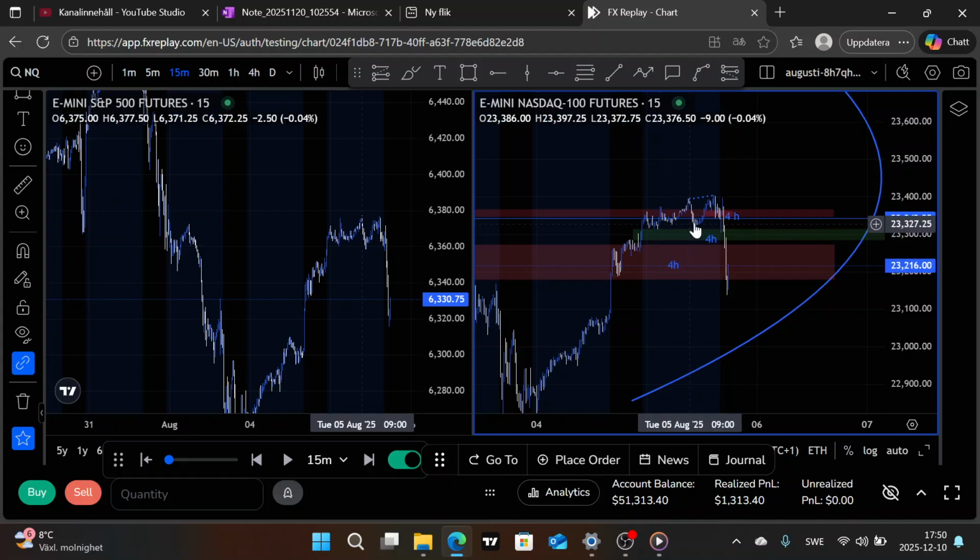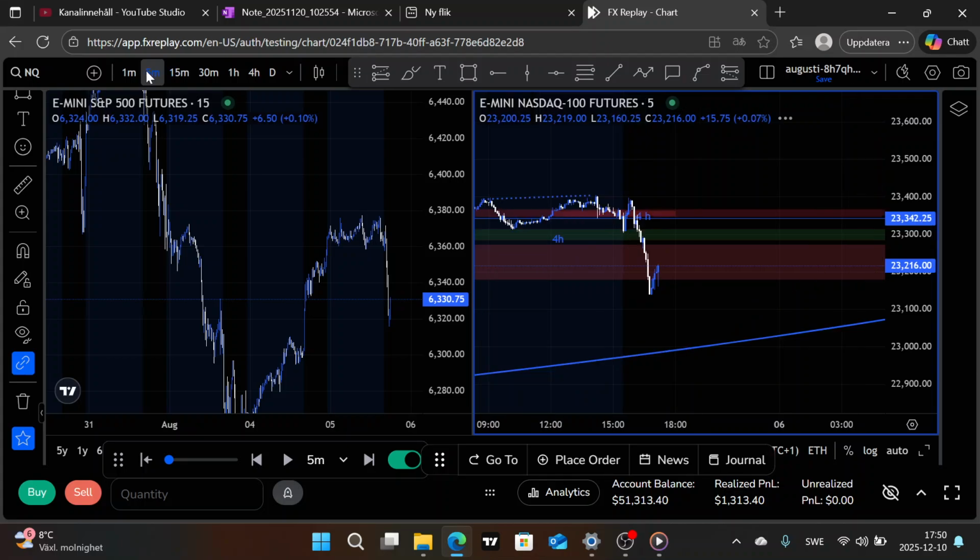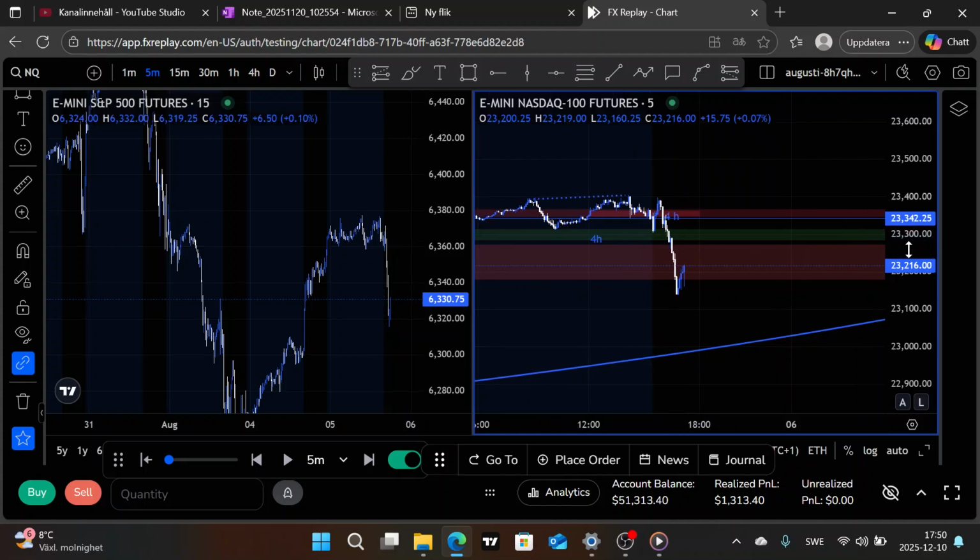So it may be some kind of accumulation, manipulation and distribution. So this is for valley gap.